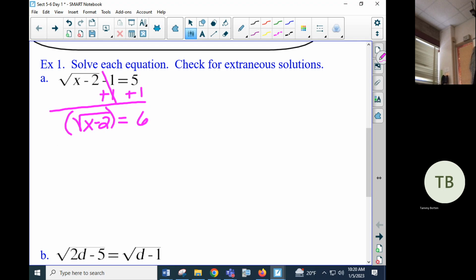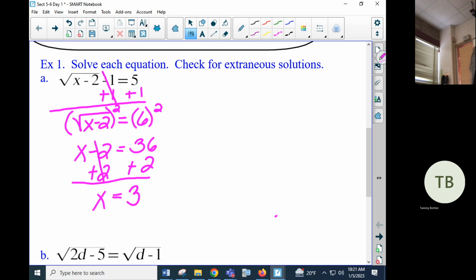So we square this as well as this. When you square a radical, they cancel each other out. And what we're going to get is x minus 2. And then over here, we have 6 squared, which is 36. Okay. Then we add 2 to both sides, and we get x equals 38. And that is our answer.